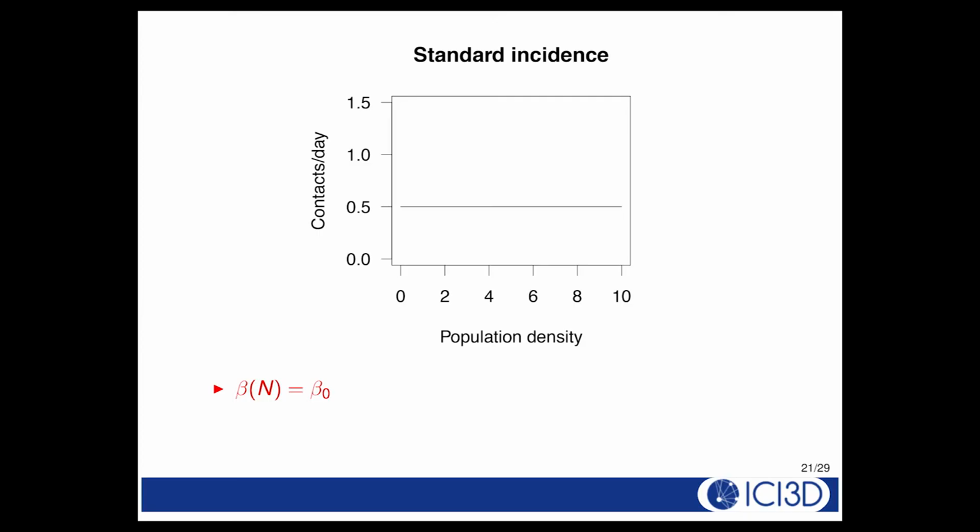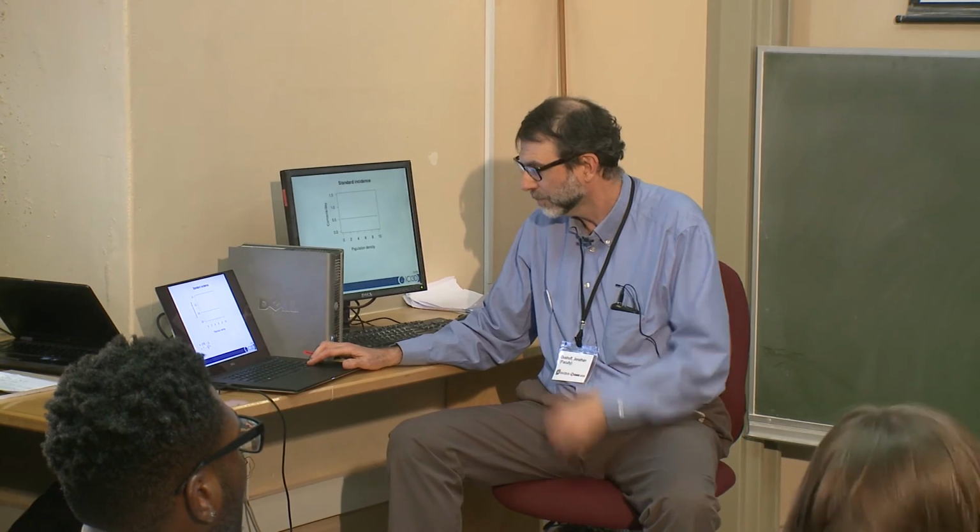The first is often called standard incidence, where we assume that beta doesn't change as the population size changes. Right? And if we assume that beta doesn't change, so we write this conceptual beta in terms of this mechanistic parameter, beta 0, then our equation is going to wind up looking very much the same, except now we've specified that we don't think this is going to change when N changes.